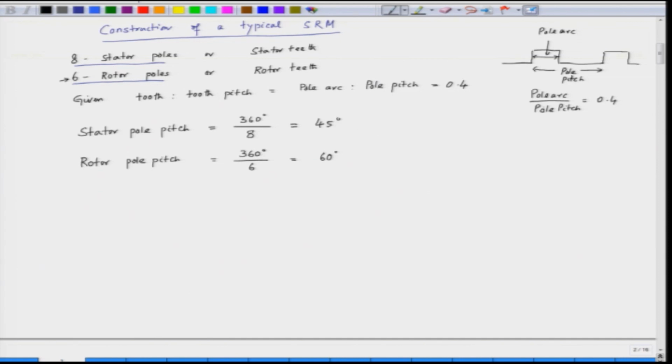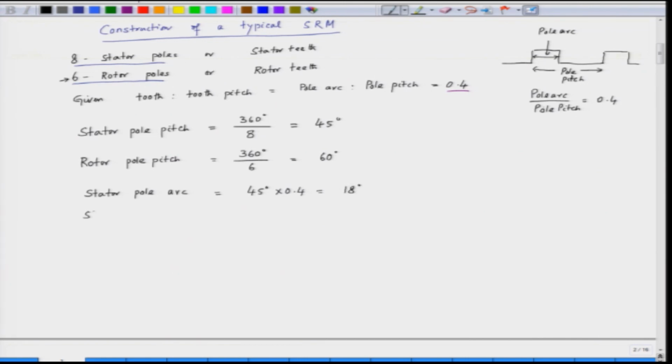And we have also defined that pole arc by pole pitch is 0.4. So, we can decide on the stator pole arc, which is equal to pole pitch, 45 degrees, into 0.4, is equal to 18 degrees.